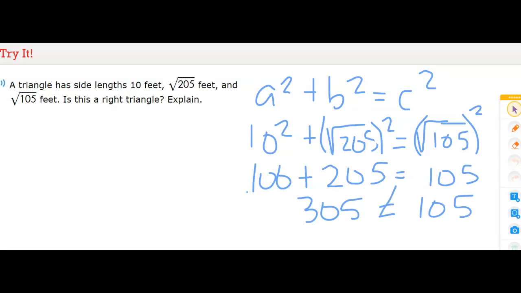So now I'm going to try a different order and see if that works. I'm going to switch the square root of 205 and the square root of 105 and see if that works. So I'm going to erase this.